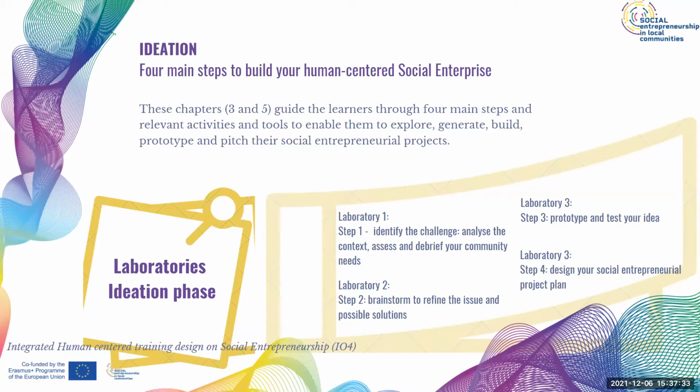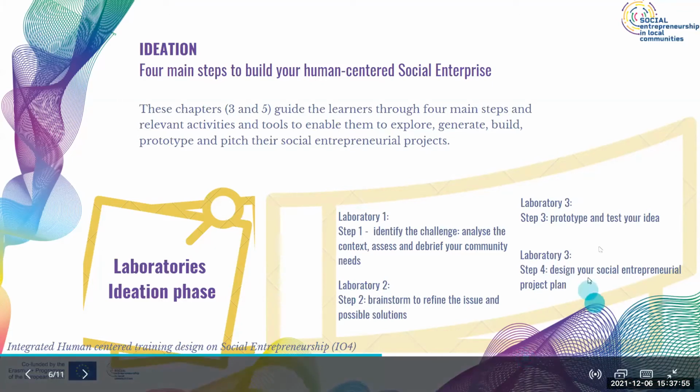So there are tools, methods and strategies for learners to understand how to analyze the context, assess and debrief their community needs. Step 2 is about brainstorming to refine the issue and possible solutions related to the challenge identified in step 1. Step 3 is about prototyping and testing the idea.